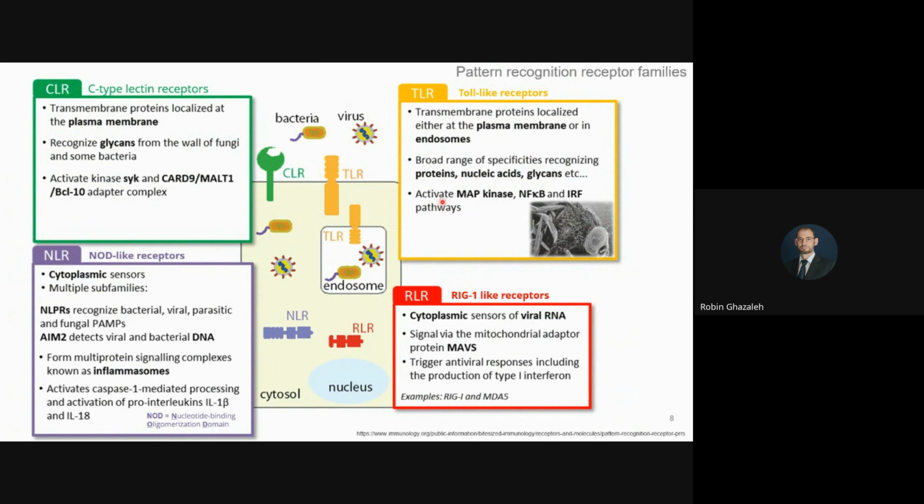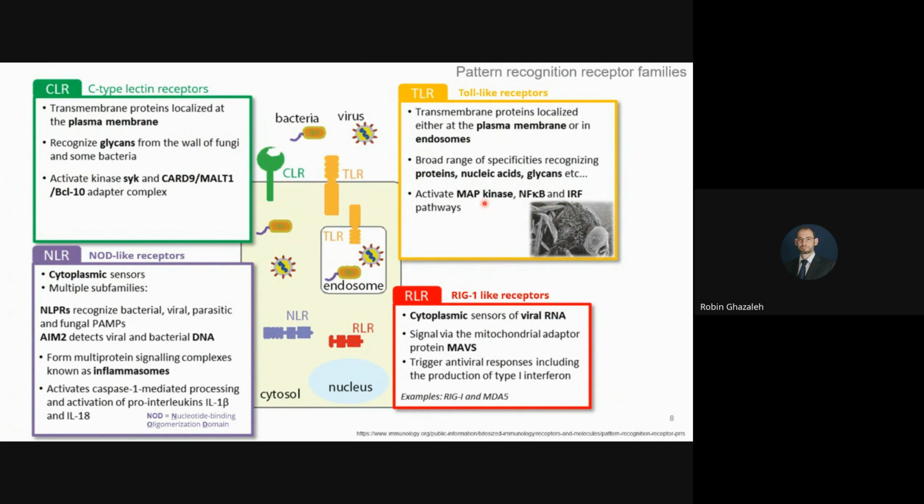In this last bit here, it's talking about the pathways. On the last slide, you saw this one here, NF-kappa beta. NF-kappa beta is a transcription factor. IRF is also a similar factor. These two factors come together.